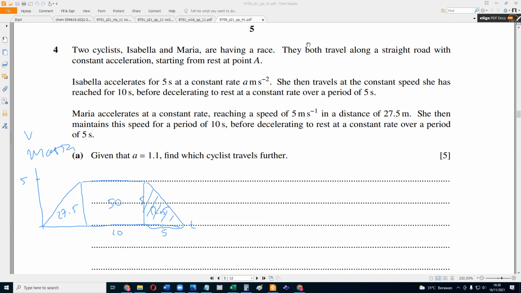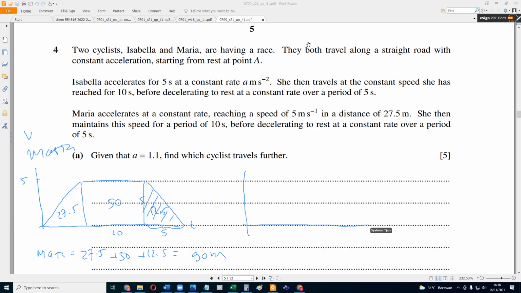So total for Maria, it's going to be 27.5 plus 50 plus 12.5. That's going to be 90 meters. That's for Maria. Now Isabella.